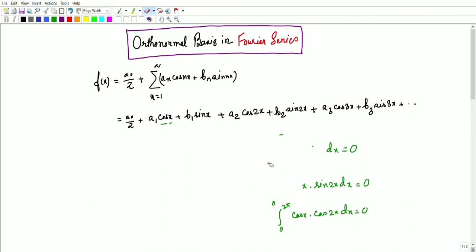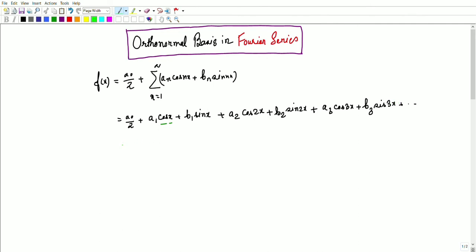Okay, now coming to this Fourier series expression, here these sine and cosine functions are there. I have already told you that they are orthogonal, and we are writing this expression in terms of infinitely many orthogonal functions, which are cos x, sin x, cos twice x, sin twice x, cos thrice x, sin thrice x.